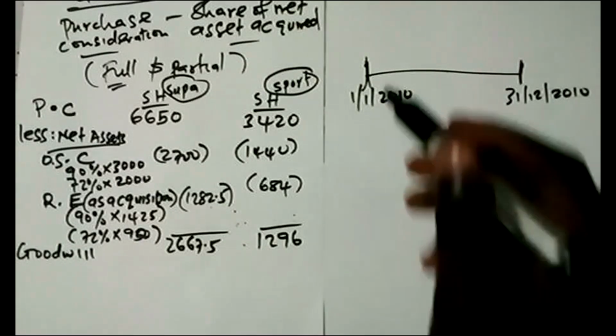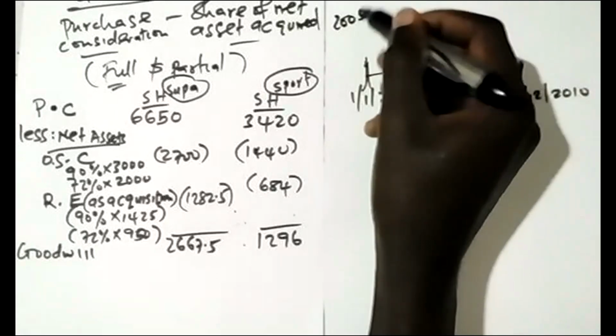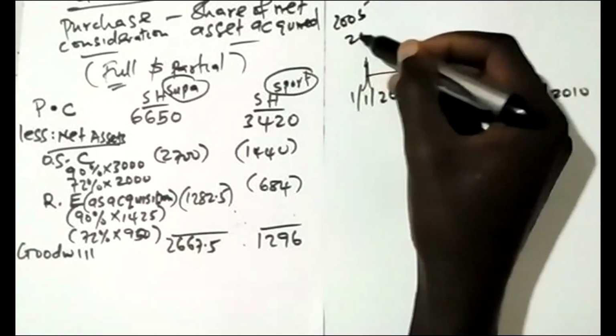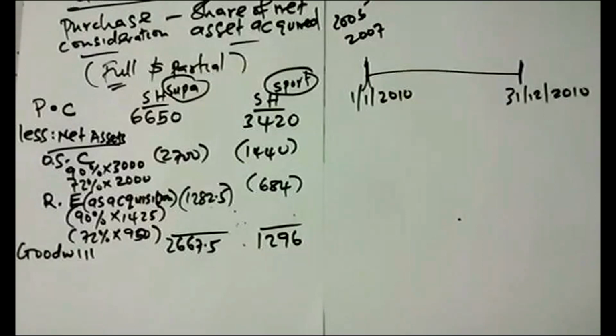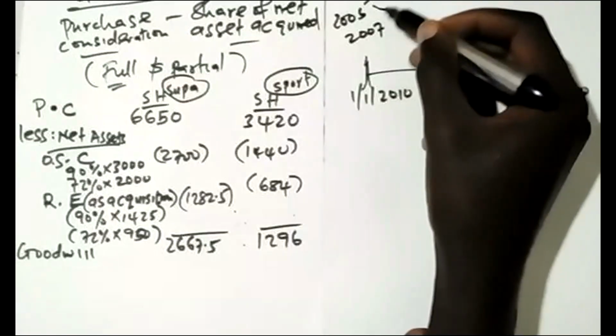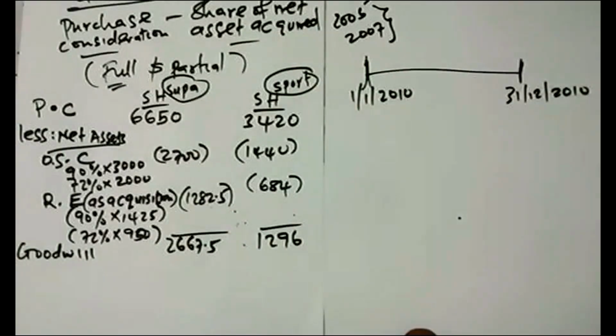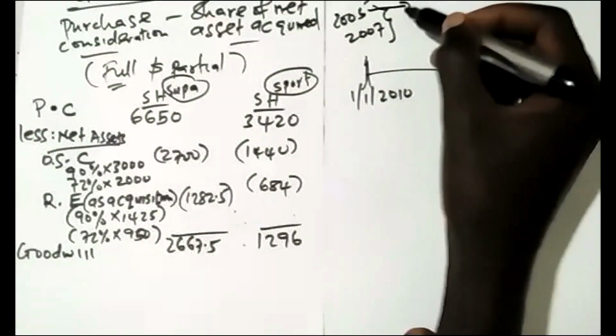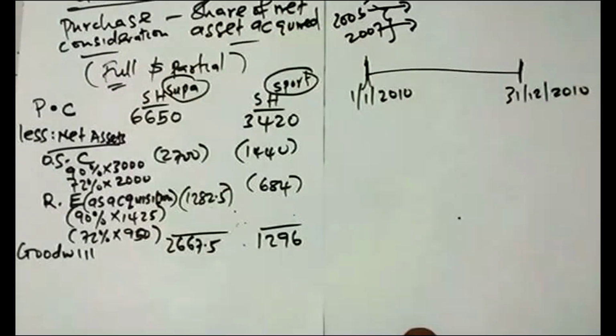But remember that of these entities, one was acquired in 2005 and another one was acquired in 2007. And the goodwill is always computed from the date of acquisition. So we have computed the goodwill from 2005 and for 2007. Goodwill is not computed as at 2010.